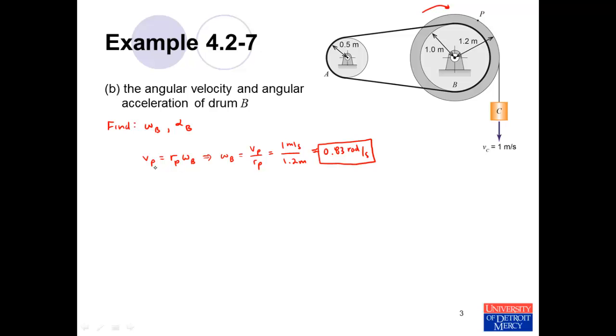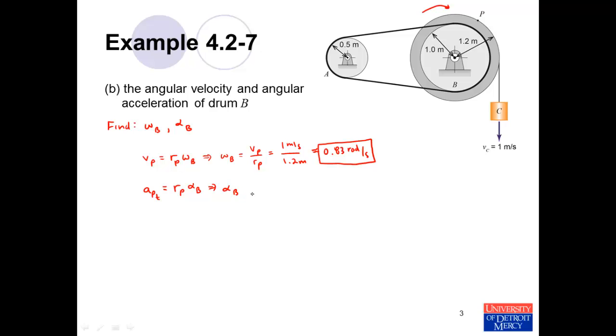Similarly, the tangential acceleration of point P is related to the angular acceleration of the body via the radius. In order to solve for the angular acceleration, we can simply divide through by the radius again, since we know the tangential component of the acceleration of point P from the previous part of the problem.